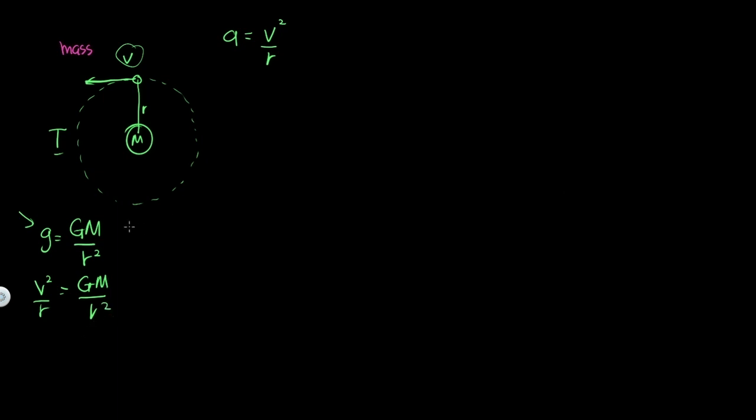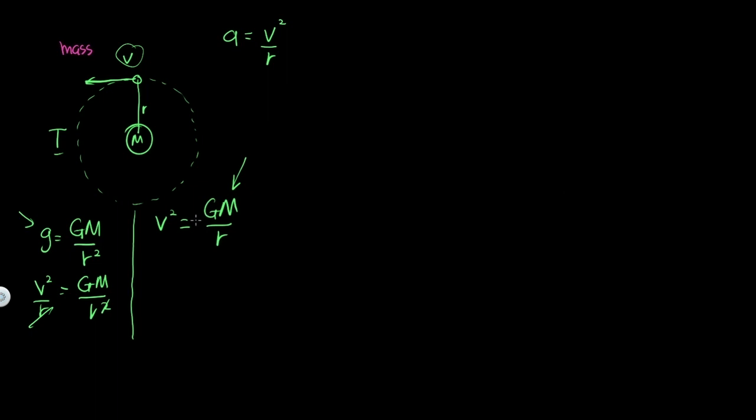Let's simplify. So v squared equals, one r here can be cancelled out, so what is left is GM over r. Then let's make M the subject. Why do we make M the subject?